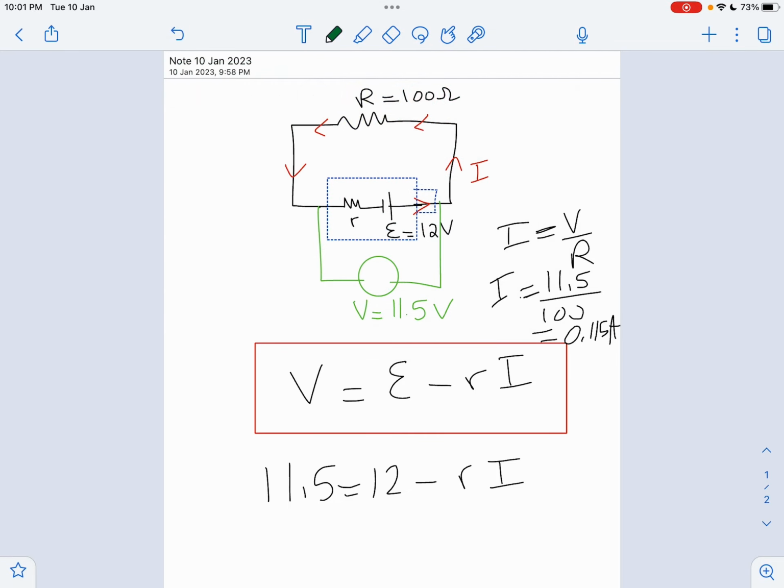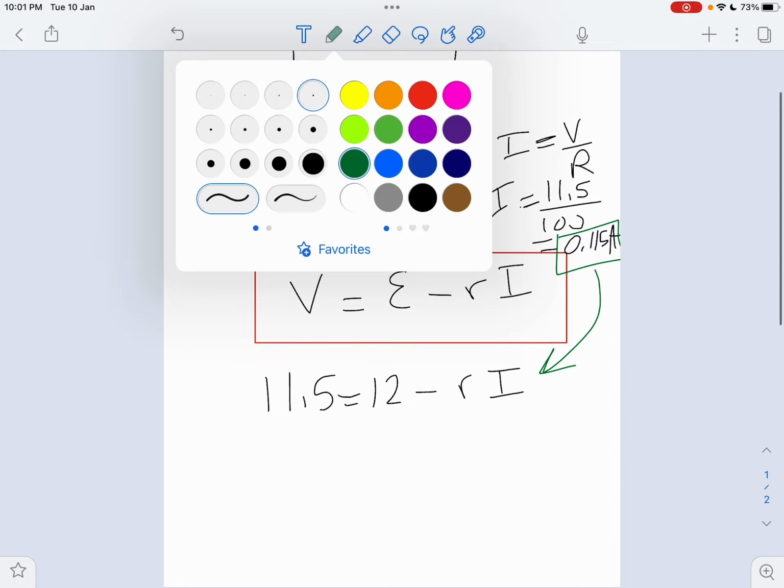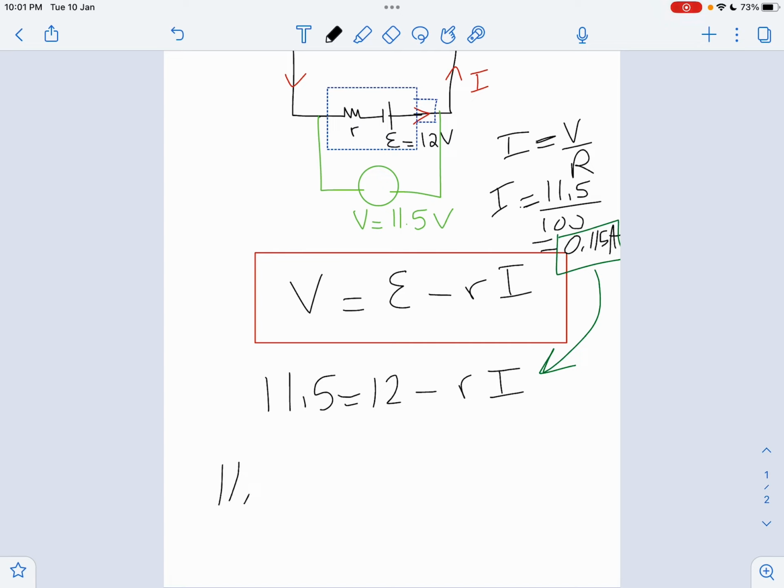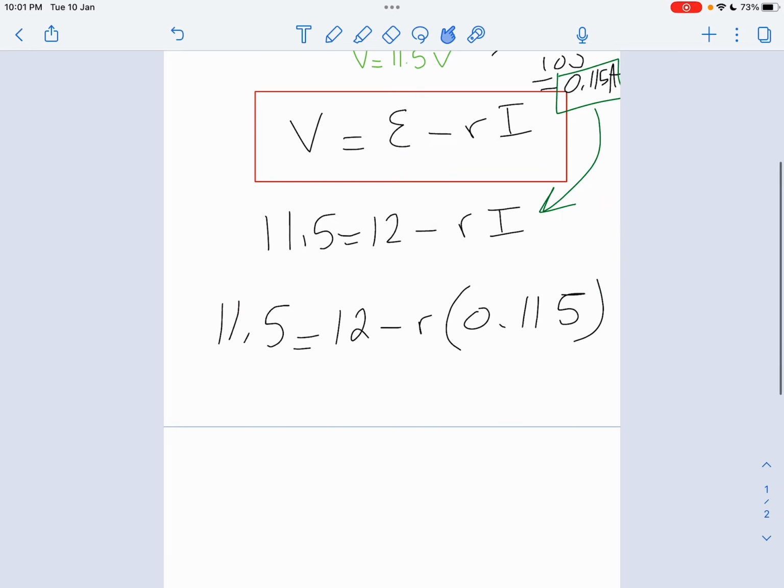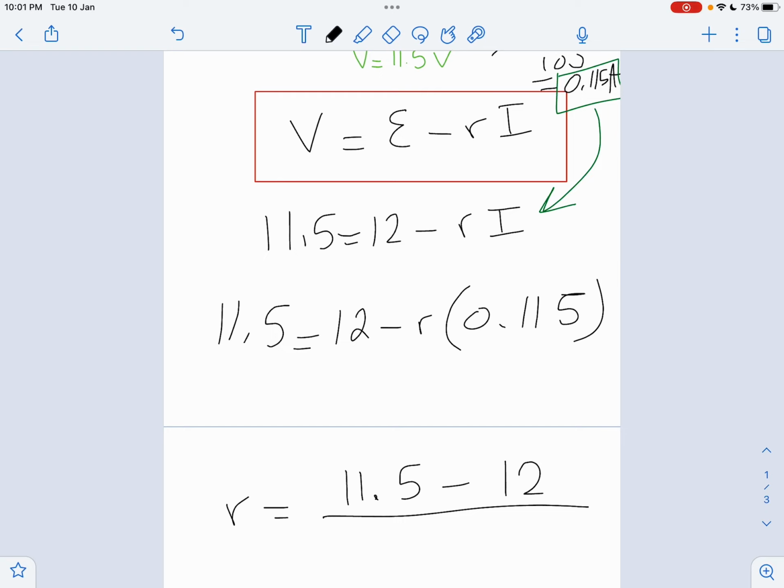So we substitute that value in the equation. We'll have 11.5 is equal to 12 minus small r multiplied by 0.115. Then r will be 11.5 minus 12 over minus 0.115.